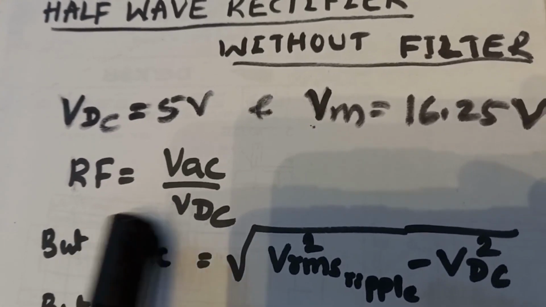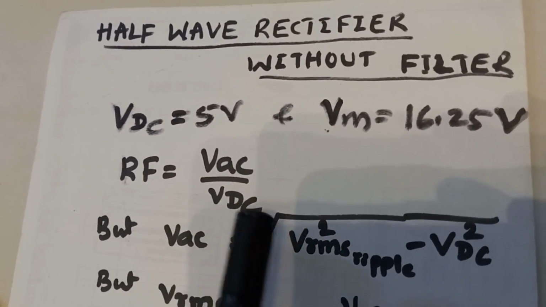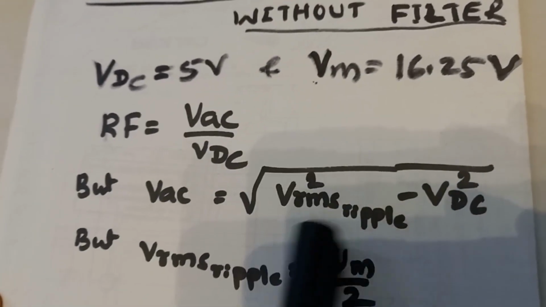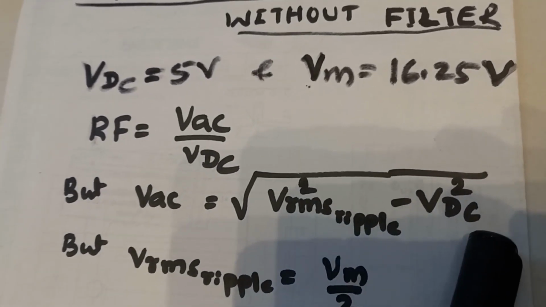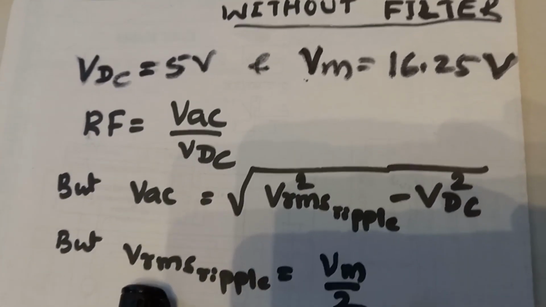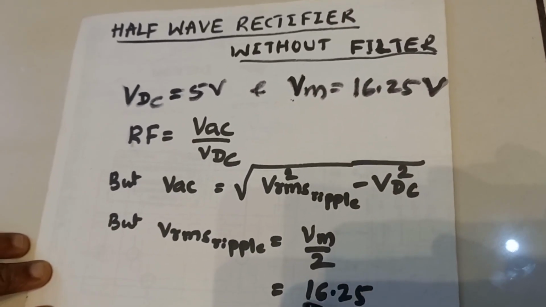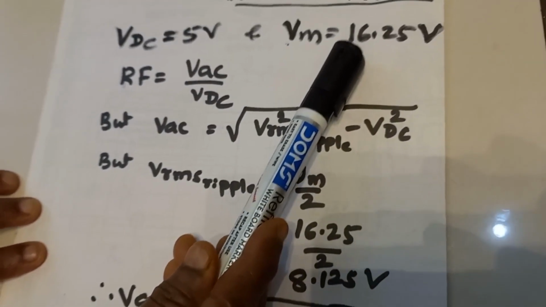Ripple factor is defined as the ratio of the AC component to the average value of the DC component. But Vac is defined as square root of Vrms ripple square minus Vdc square. In case of half wave rectifier, Vrms ripple is given by Vm by 2. Vm we just found out in the simulator, it is 16.25.